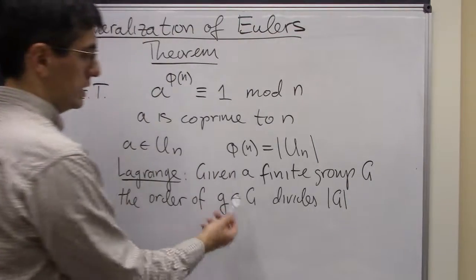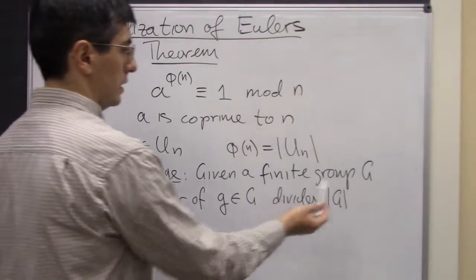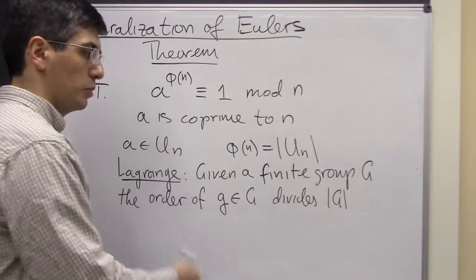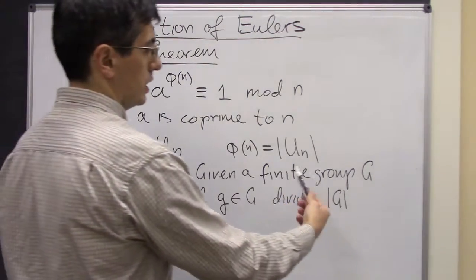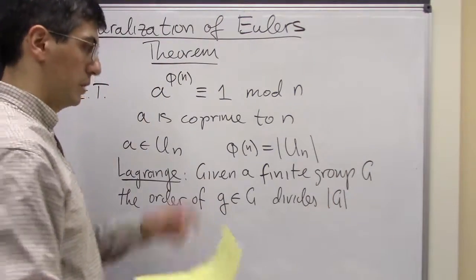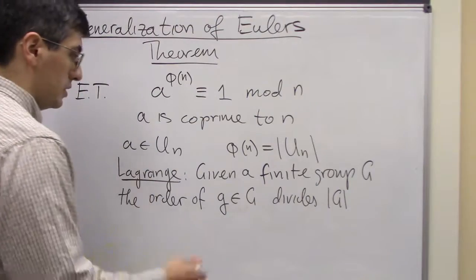This g is not necessarily a generator, so there is no assumption about G being an abelian group or a cyclic group. There is a general statement which applies even to non-commutative groups that I didn't discuss in this class, but this is a general statement.